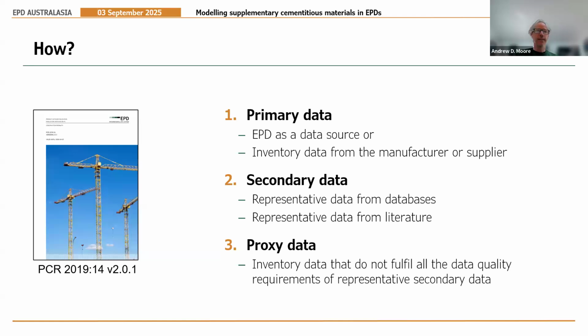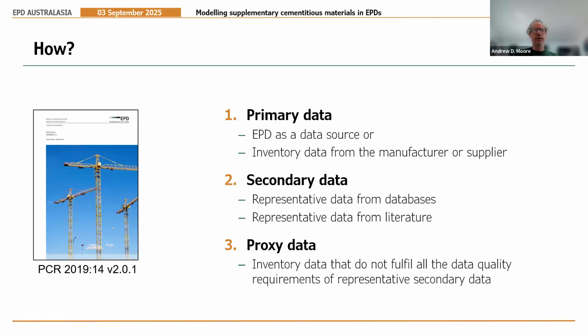If they don't have an EPD, but your supplier is willing to provide you the inventory data, that's also great. They're both considered primary data sources. If the upstream information is not available, that's when we go to secondary data, either from databases or literature. And if there is nothing in literature or databases, then we come down to proxy data.